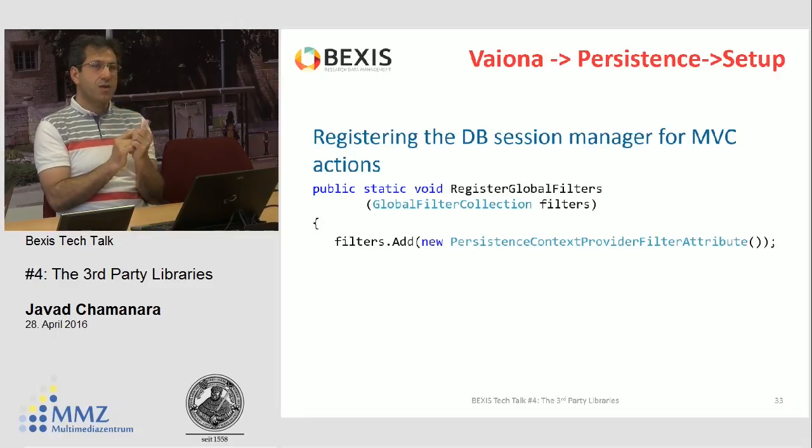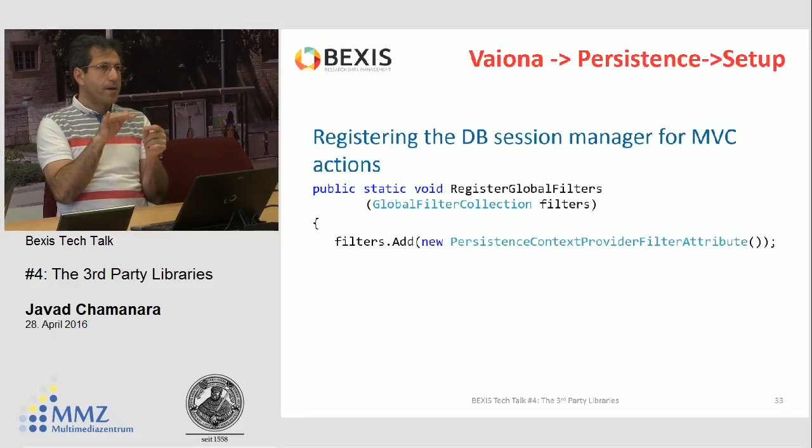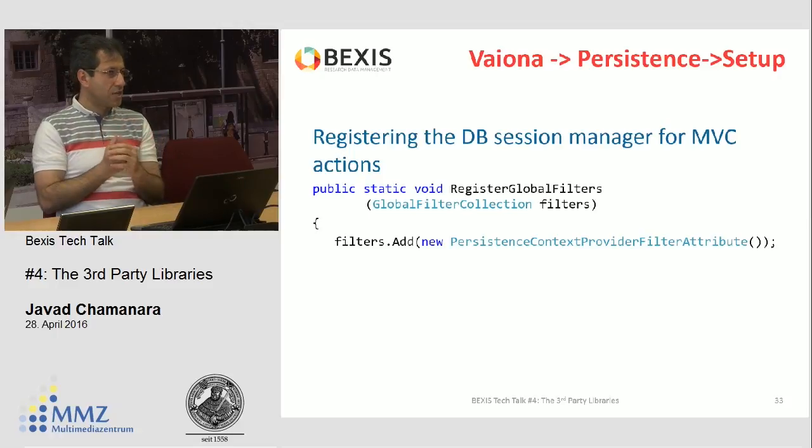So instead of working with HTTP requests, we are working with MVC action filters, which is also an interception mechanism provided by Microsoft that allows us to actually be notified when an action is triggered.